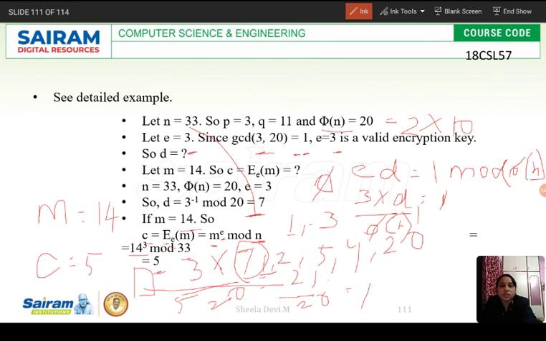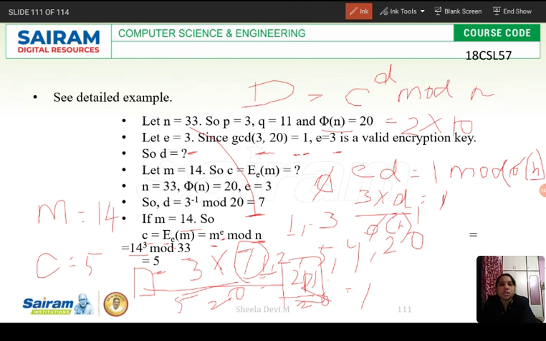So this is the sender and this is the receiver. Instead of 14, 5 will be sent through the transmission medium. Once it is received, the receiver does the third operation, that is decryption. The formula for decryption is ciphertext power D mod n.